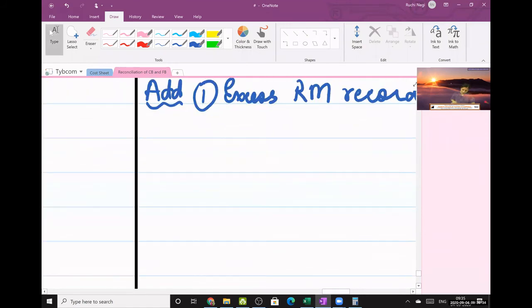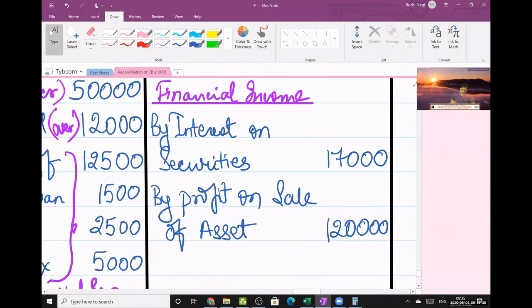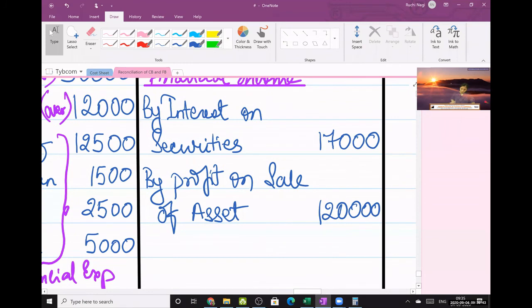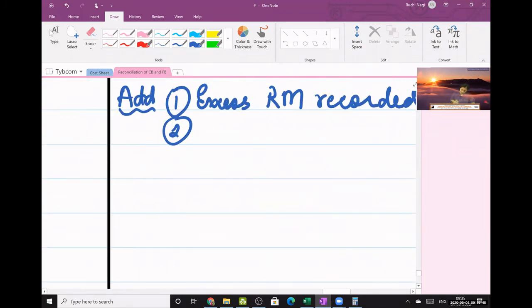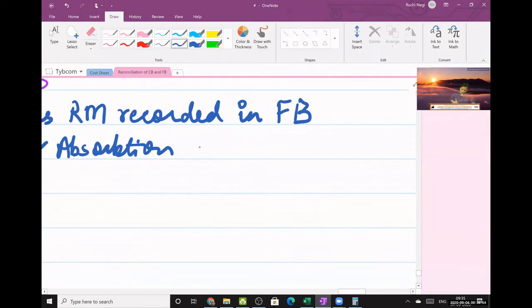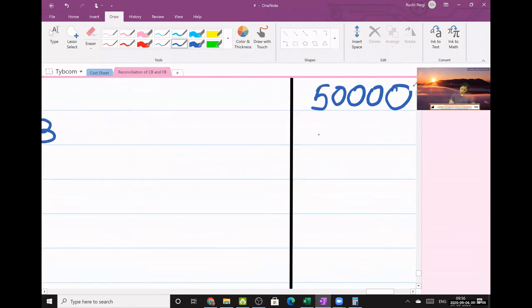Second one. So over absorption of selling and distribution overheads in finance books. 12,000.